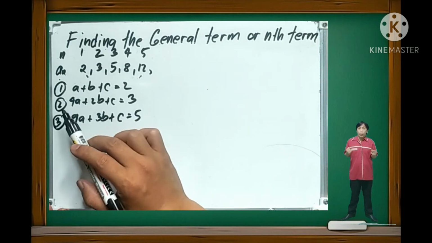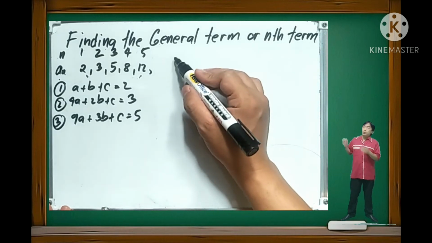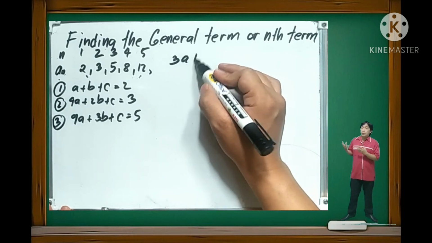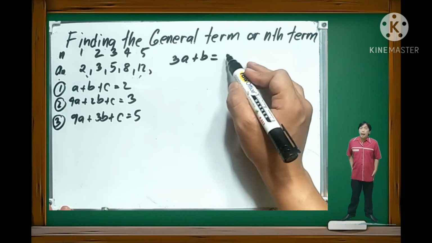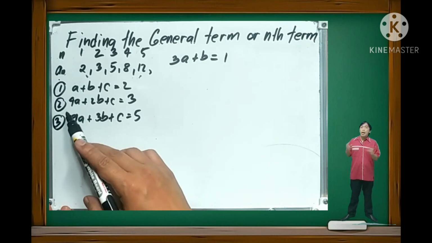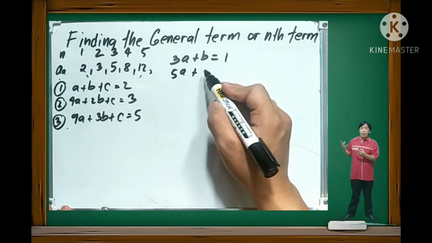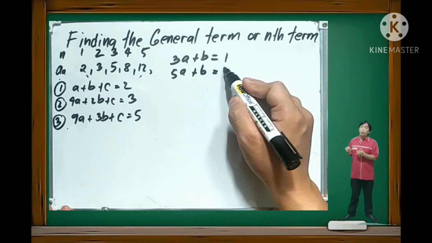Okay, so subtracting equation 1 from equation 2, we have 3a plus b is equal to 1. Then subtracting equation 2 from equation 3, we have 5a plus b is equal to 2.